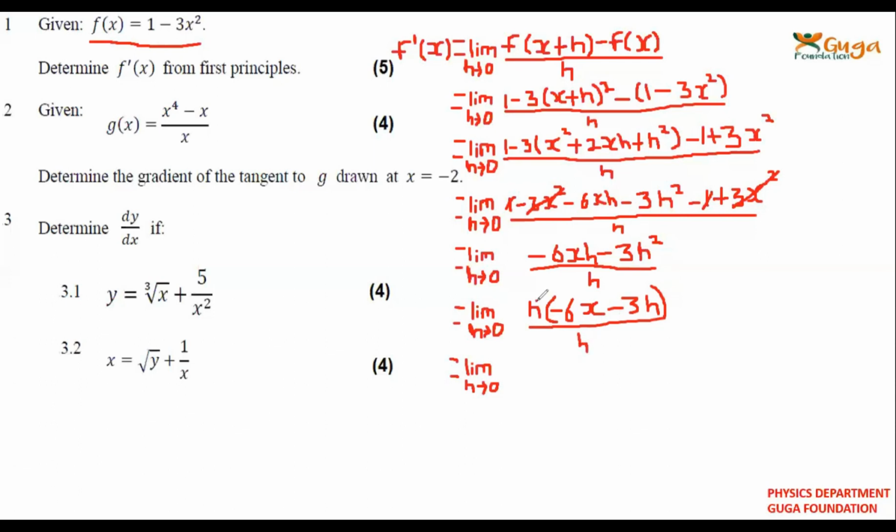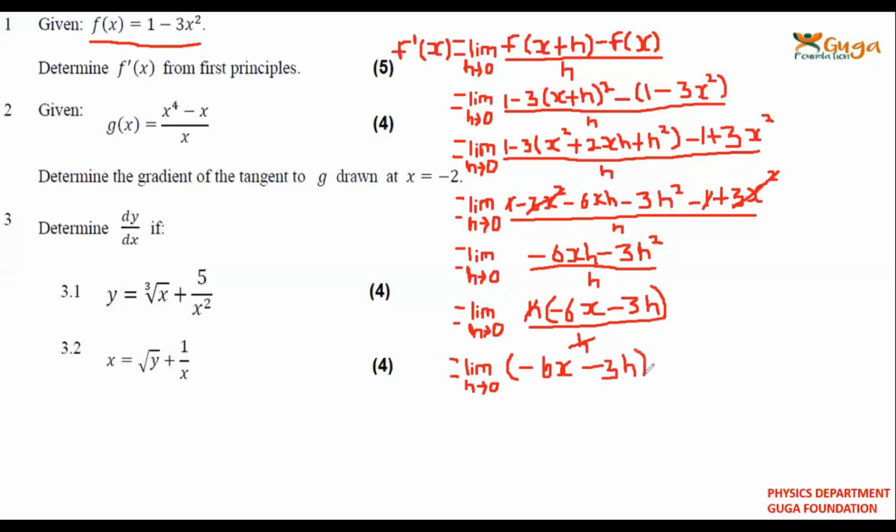So now h and h will cancel out, then you are left with minus 6x minus 3h.